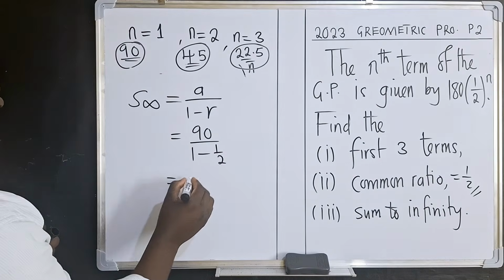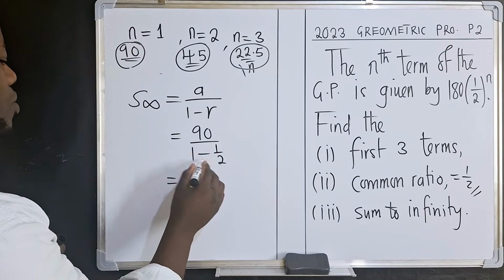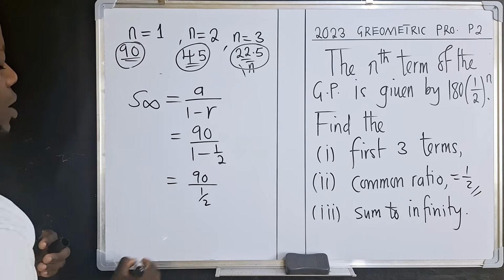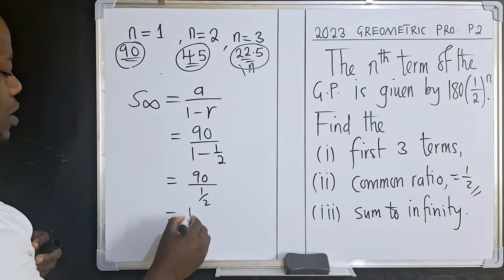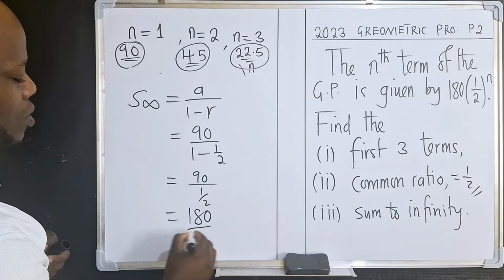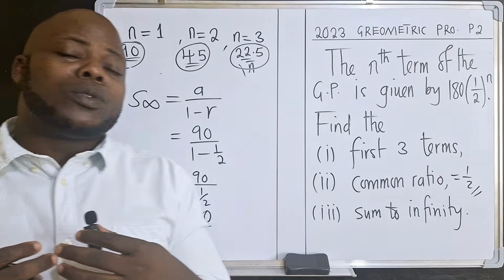When we work this out and use the calculator, you're going to get 180 as the sum to infinity.